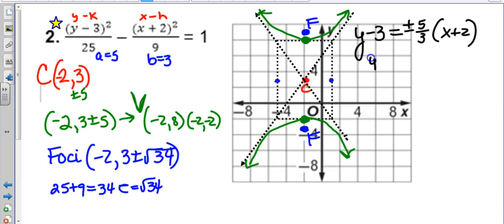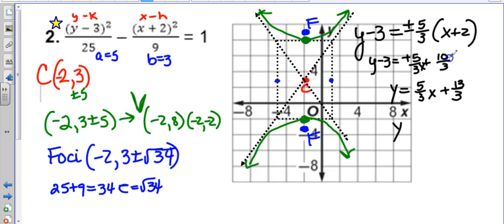You can, but if you're going to solve it for y, you're going to have to distribute 5/3 once. And then you're going to have to distribute -5/3 another time. I think that's right. It doesn't seem right. Oh, it was supposed to be plus, so this should have been 13/3.